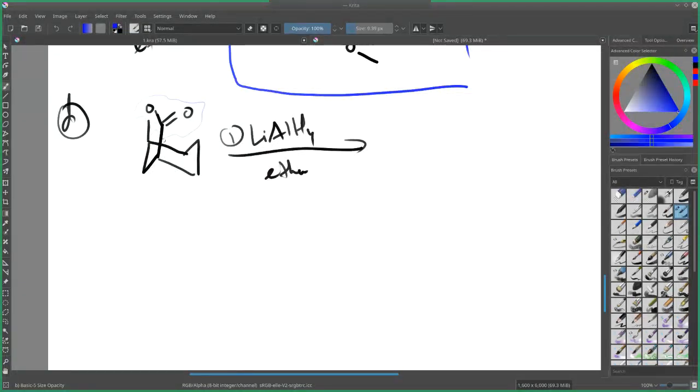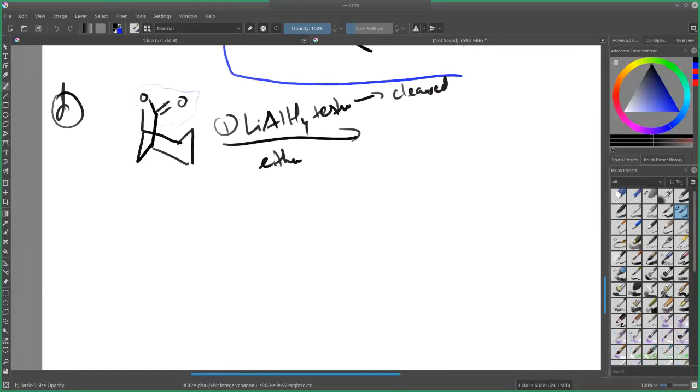An ester. Yeah, okay. So lithium aluminum hydride plus an ester will get cleaved. Okay, so we're going to cleave the ester using this lithium aluminum hydride.